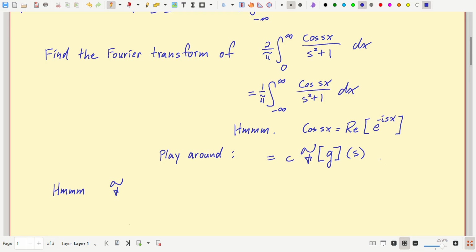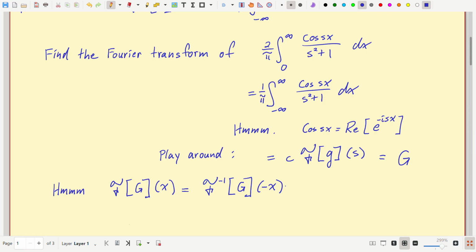Let's call this capital G. The Fourier transform of capital G at x is equal to the inverse Fourier transform of G at minus x.